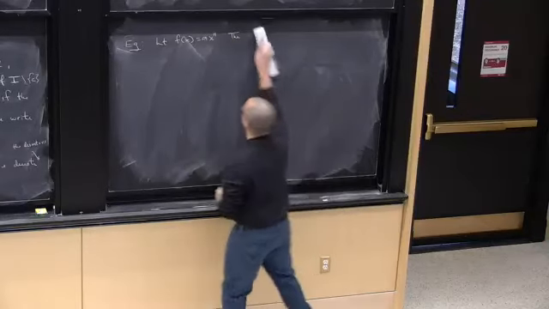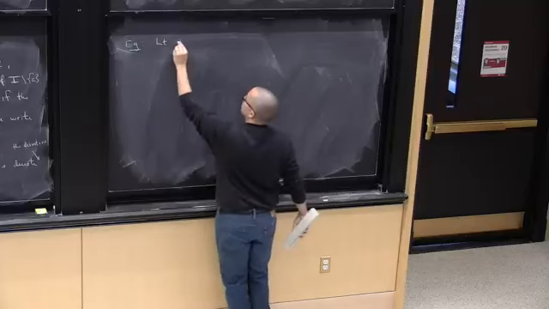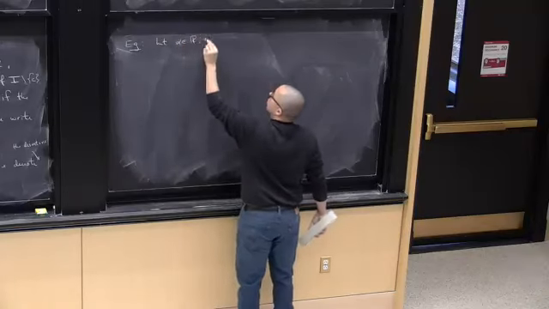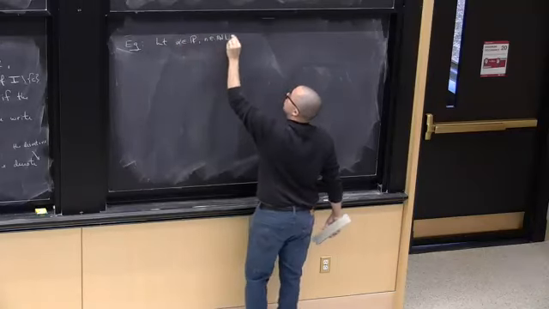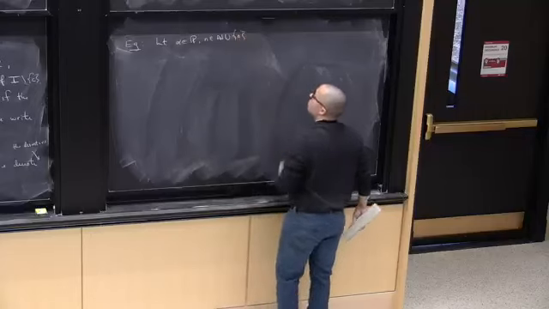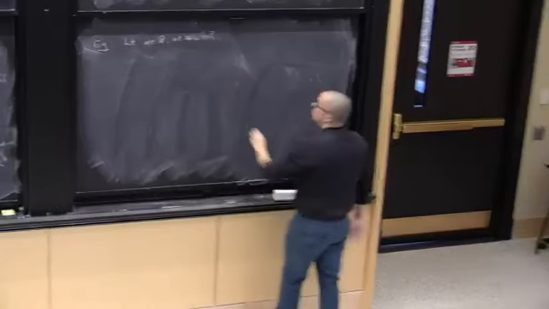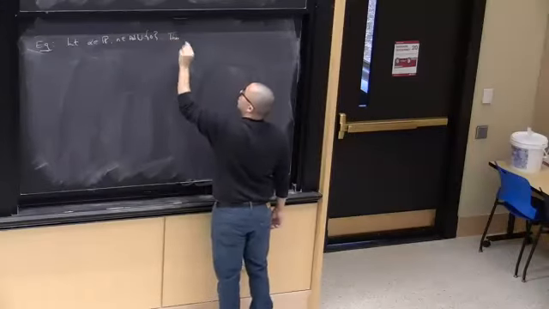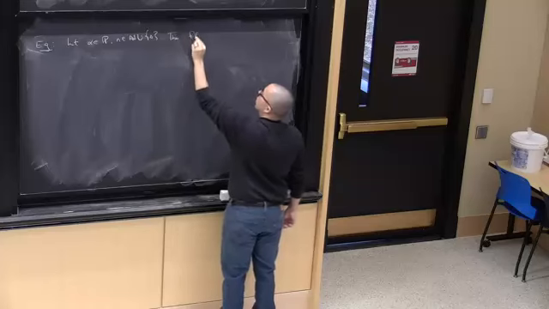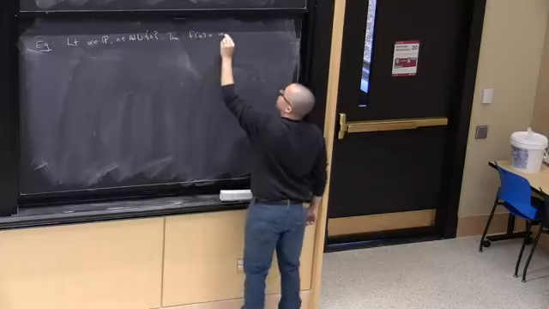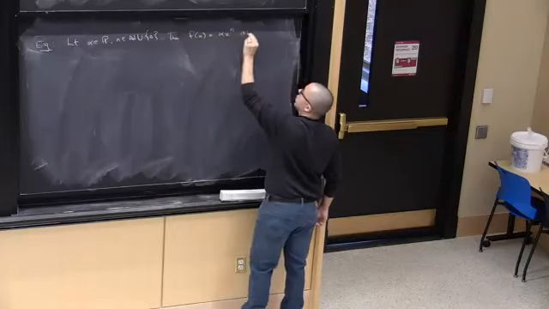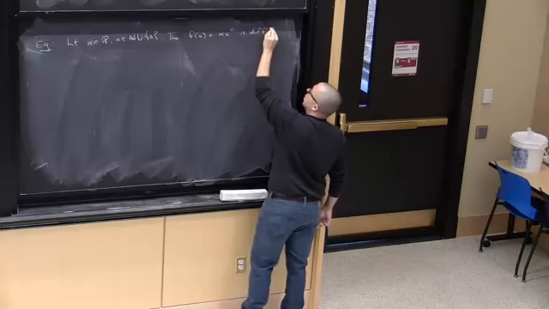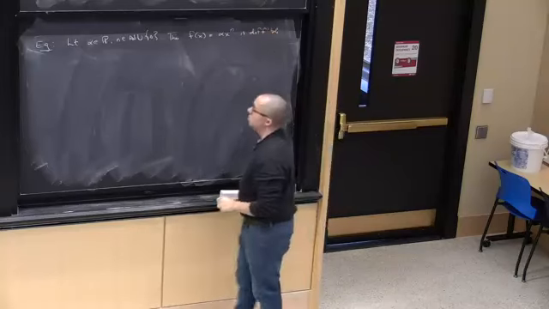So let's write it this way. Let alpha be in R, n be a natural number, n at least 0. Then the function f of x equals alpha times x to the n is differentiable.